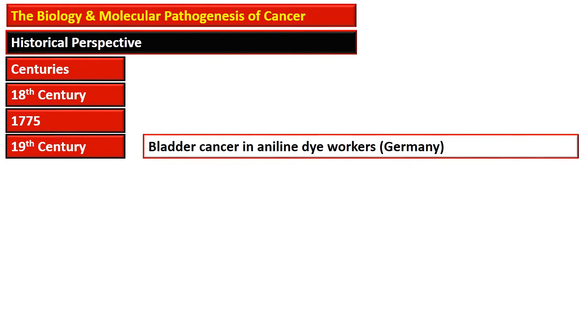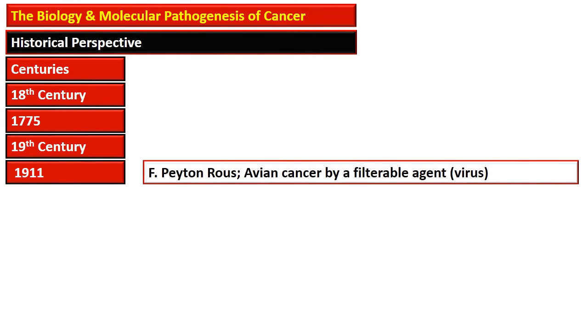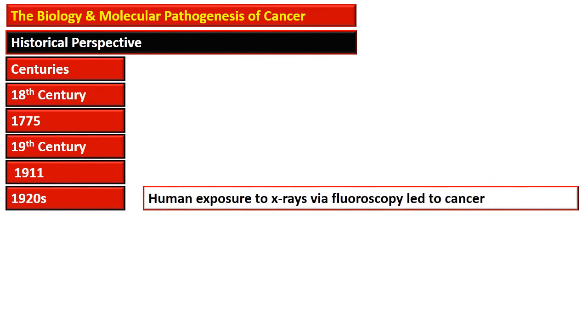In the 19th century, bladder cancer was associated with aniline dye in Germany. Peyton Rous, in 1911, established that avian cancer is caused by a filterable agent, that is a virus. By the 1920s, human exposure to X-rays via fluoroscopy was found to lead to cancer.